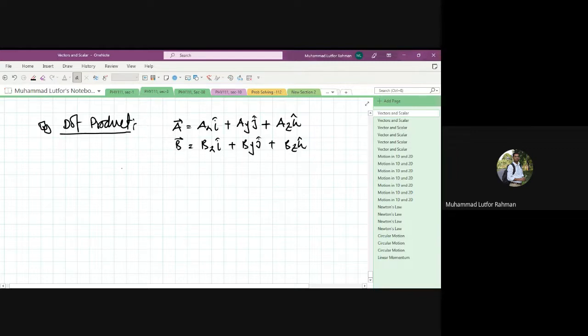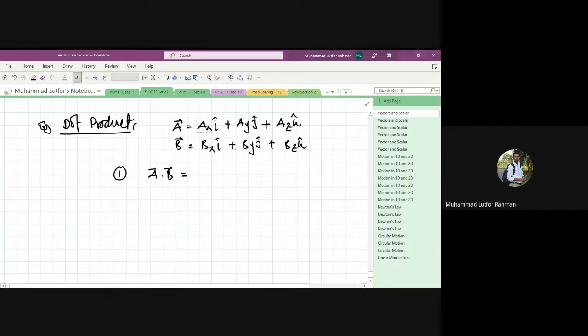Now the dot product of these vectors I can write as a dot b. I'm going to multiply this ax i hat with the rest of the components of the vector. Then ax bx, i dot i will be 1, ax by, i dot j will be 0, ax bz, i dot k will be 0.